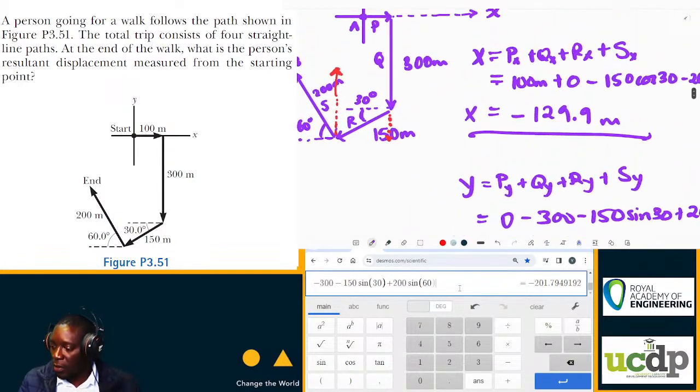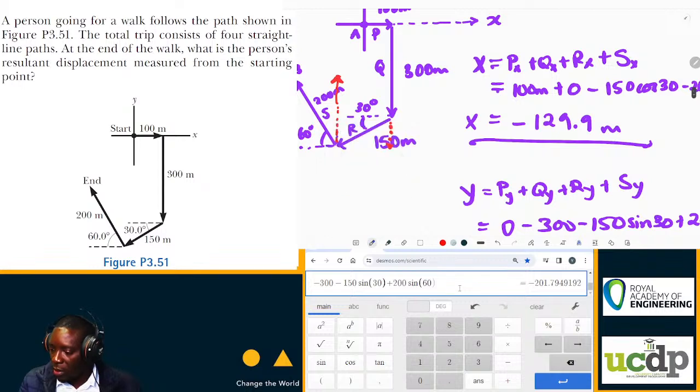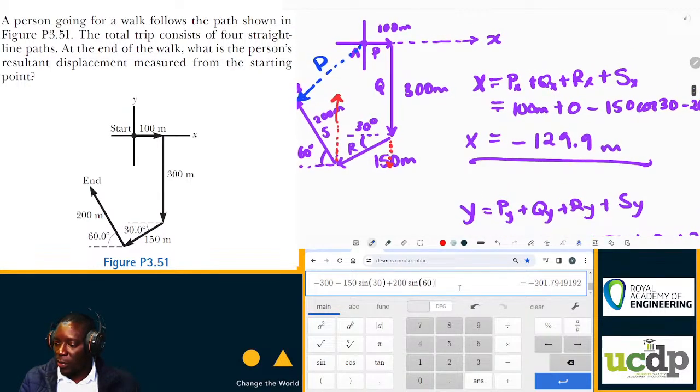Now the resultant. Remember, we want to find the resultant of this. Displacement, okay. So we want the displacement there.